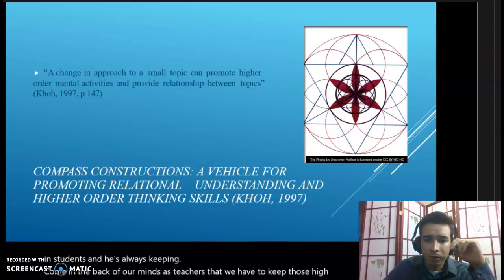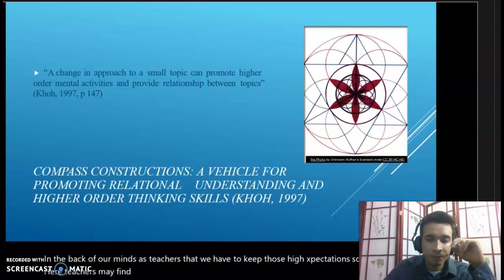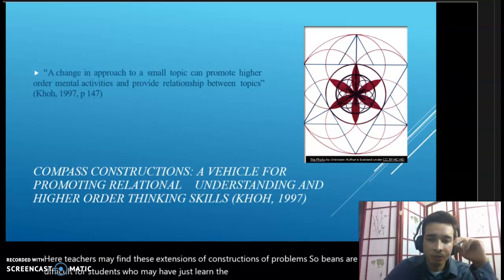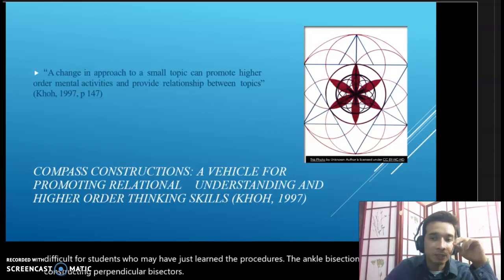So here teachers may find these extensions of constructions of problem solving are too difficult for students who may have just learned the procedures of angle bisections, constructing perpendicular bisectors, and straight line segments.